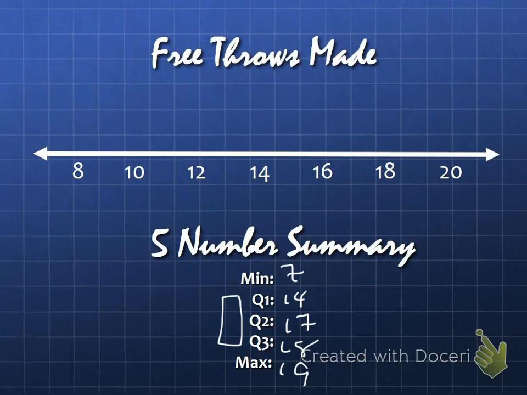So the middle half of our data sit between 14 and 18, so we create a box between 14 and 18. That's the box part. Within that box, we'll show the median, or Q2. Q2 is at 17, so it's right here.